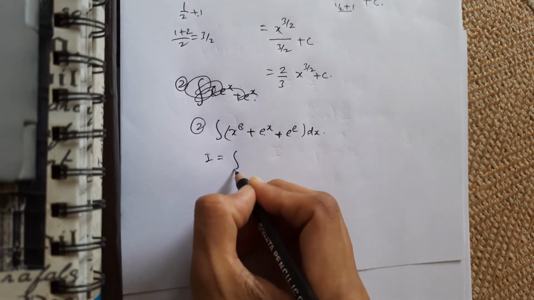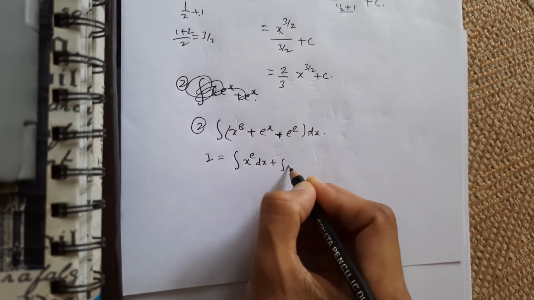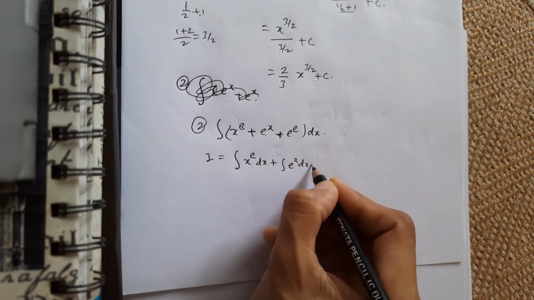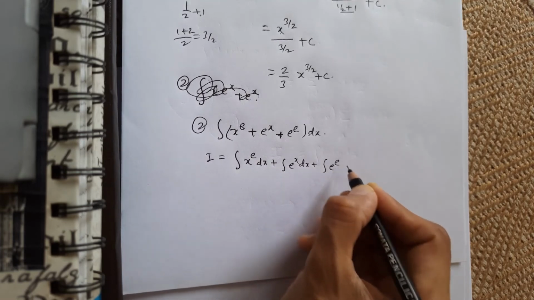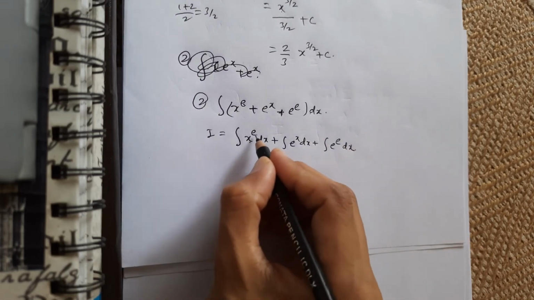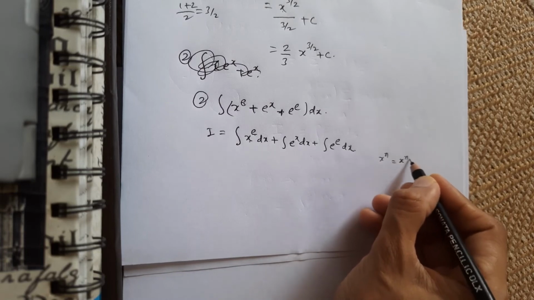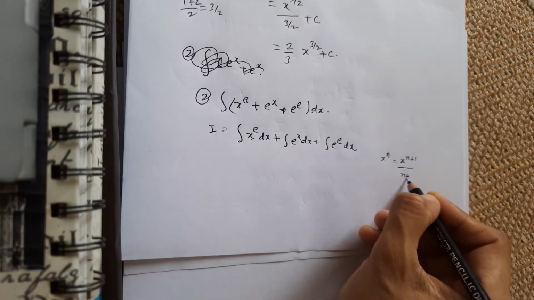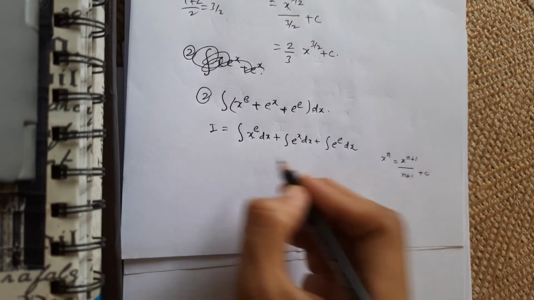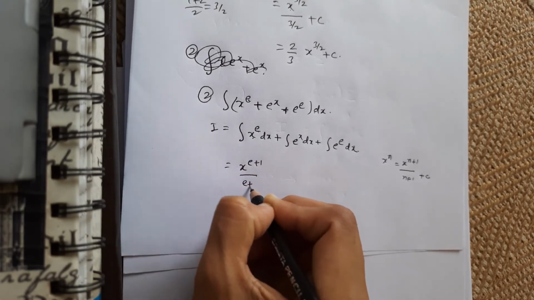So I can write this as integration x to the power e dx plus integration e to the power x dx plus integration e to the power e dx. Okay. Now x to the power e is the same as x to the power n, which gives x to the power n plus 1 upon n plus 1 plus c. So x to the power e plus 1 upon e plus 1.